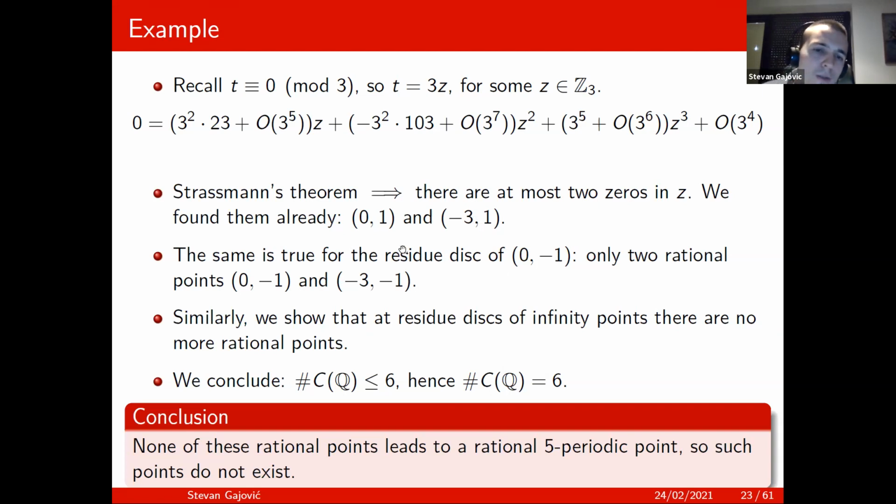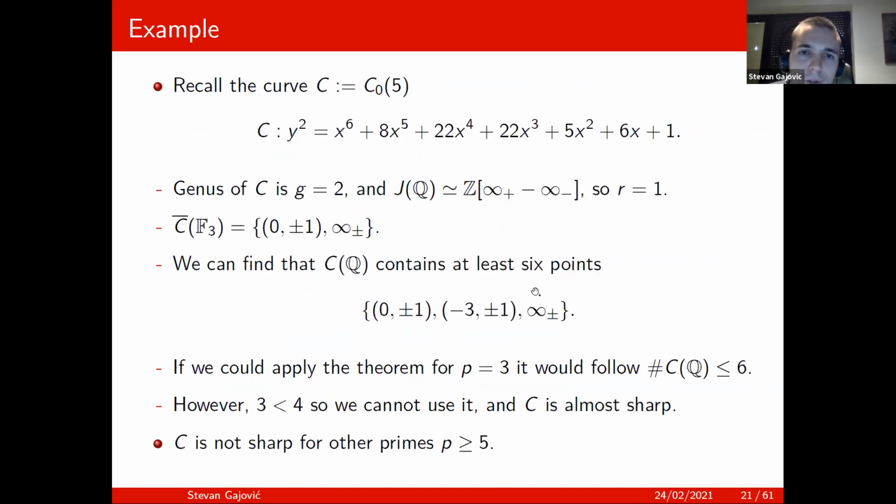And similarly, we need to consider residue disks of infinity points, and we prove that there are at most 1 rational point in each of the infinity residue disks. So we conclude that the number of rational points is at most 6, and we already know 6 points. So the number of them is exactly 6, and these are all of them.